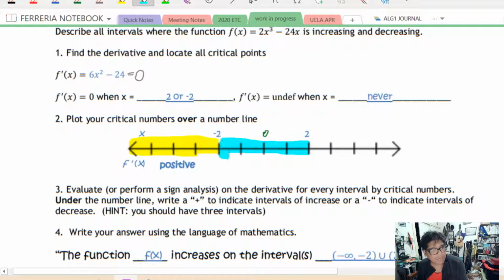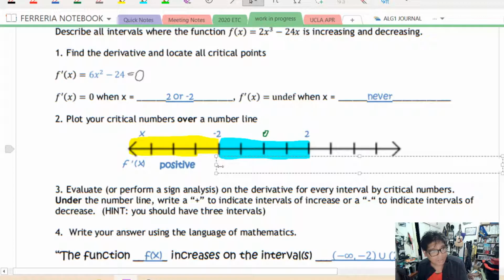Now remember, negative 2 and positive 2 were our critical values. Okay, well, from negative 2 to positive 2, if I substitute a number in here, 0 is a good choice, actually. Not because it's in the middle, but because that's easy to evaluate mentally. If I substitute 0 here, I get 0 minus 24. So that is negative. Cool.